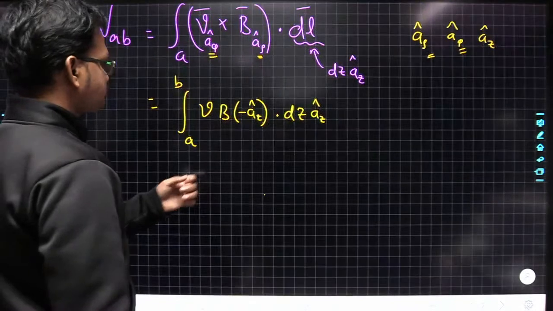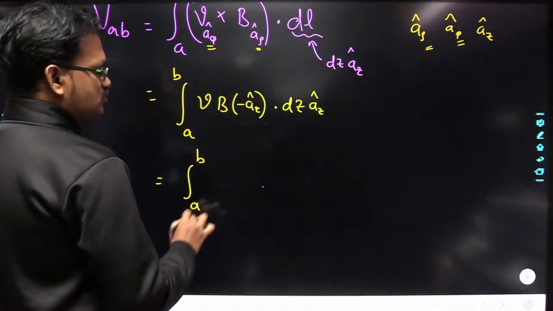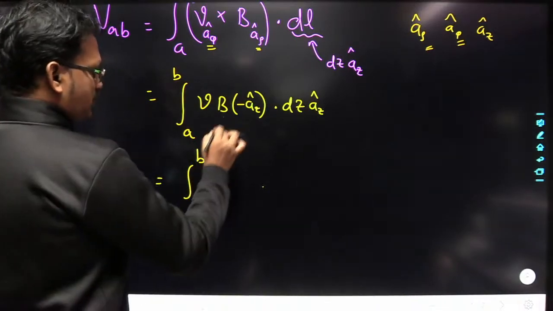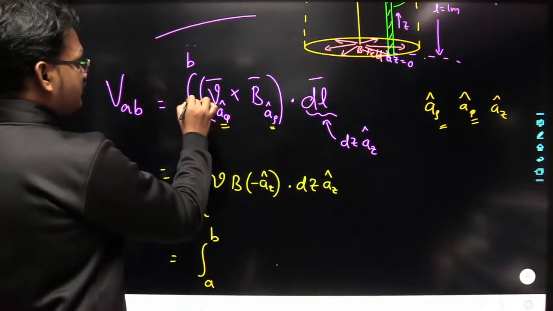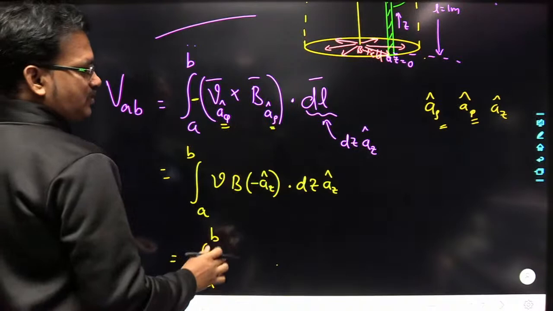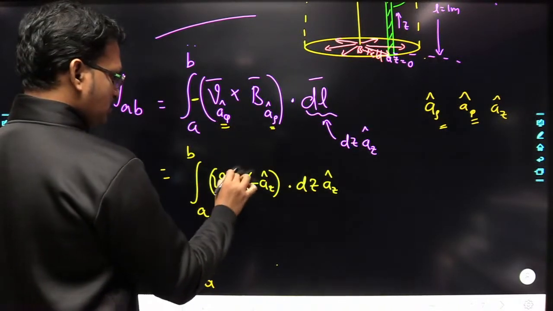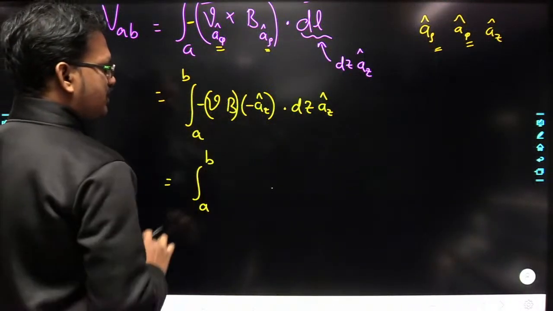So what are you going to get? Wait, V_AB is equal to minus of, I forgot, see here. You have to put minus of V bar cross B bar dot dL, right? So minus into minus will become plus.